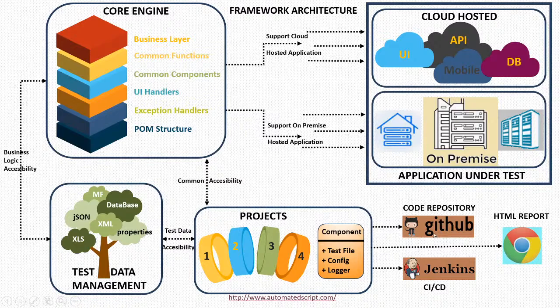Then I can see my code repository, that is my GitHub or GitLab or any other repository. And then I have CI/CD like Jenkins or any other CI tool we can use. And finally, I have my reporting. This is the core structure of my architecture.